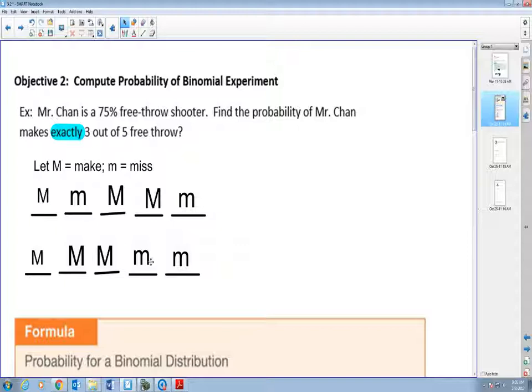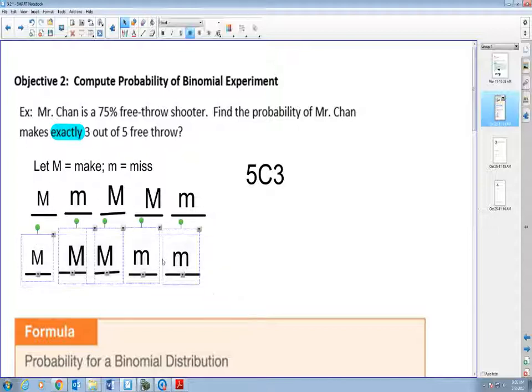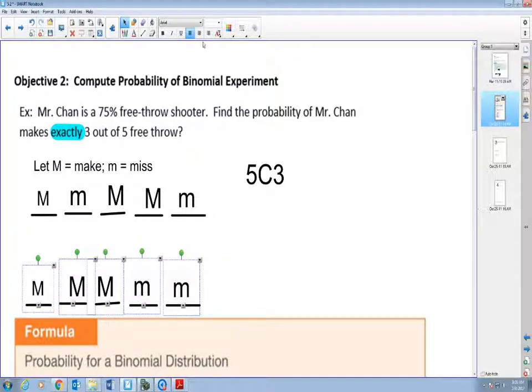What that tells us is that I have 5 free throws, choosing to make 3 of them, because I need to make exactly 3. In the 2 ways I listed, when I make a free throw, that would be 0.75, because I'm a 75% free throw shooter.